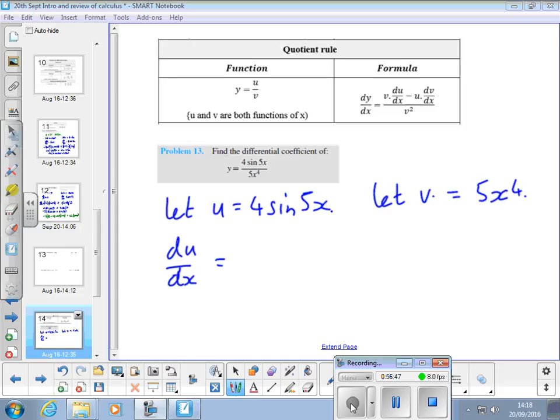How do we do that one? We got a plus 5 and a plus 4. 4 5s are 20 cos 5x.